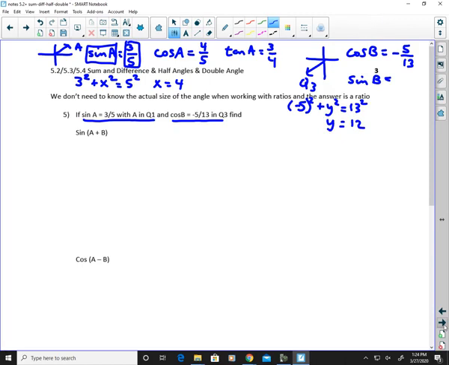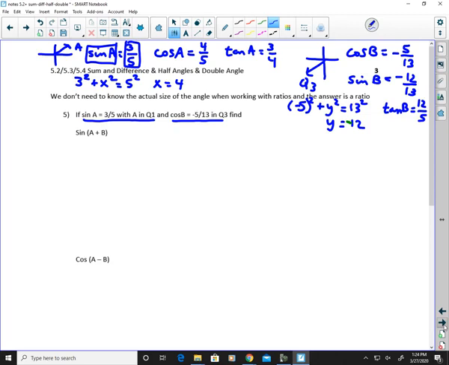But technically, that is a negative 12 because you are in quadrant 3. So sine B is negative 12 over 13. And tangent B is 12 over 5, and that one's positive because you're in quadrant 3.